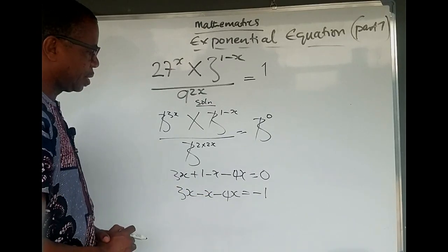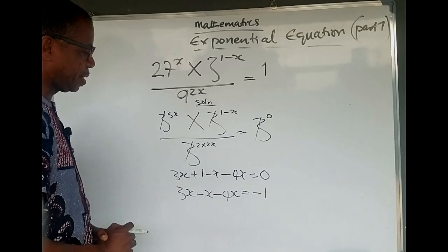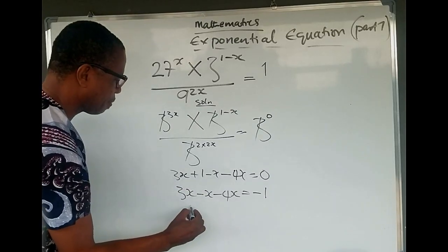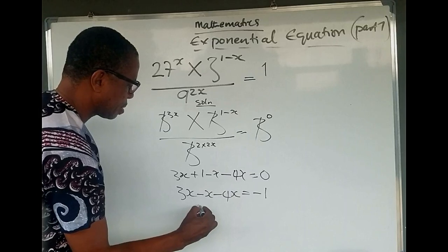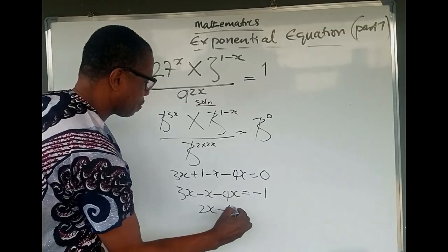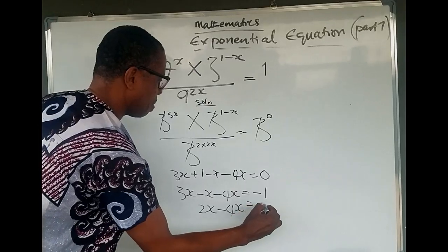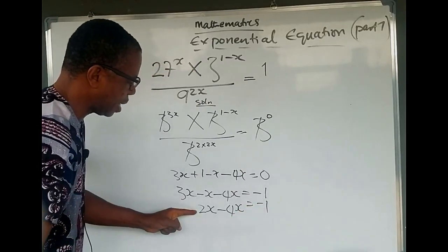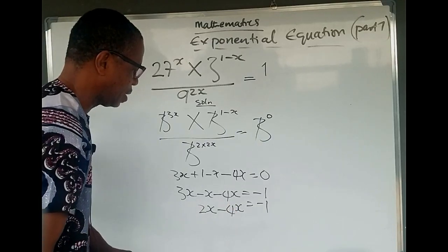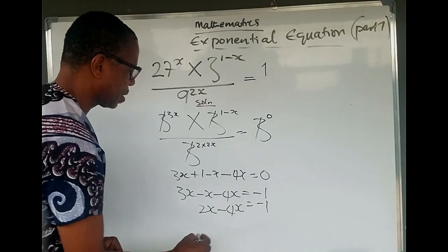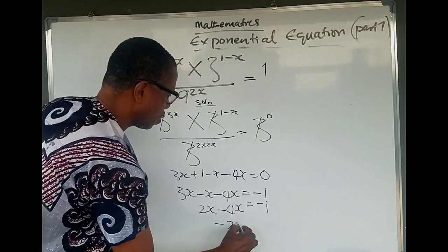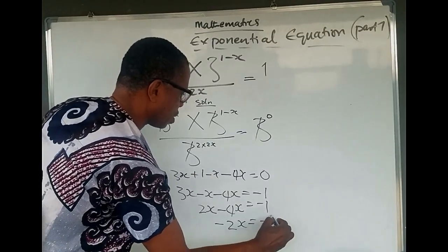I repeat, 3x minus x. Let me write it down for convenience sake. That is 2x minus 4x equal to minus 1. Then this 2x minus 4x will definitely give us minus 2x is equal to minus 1.